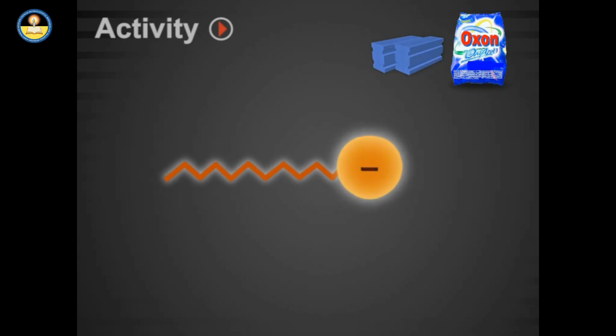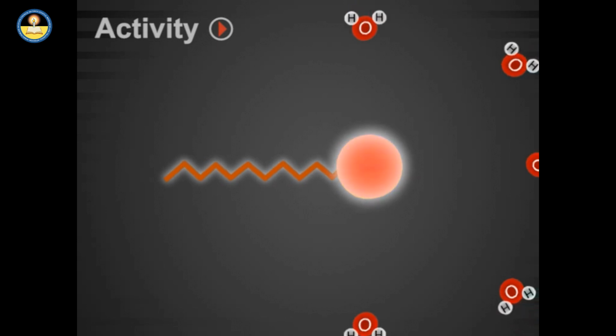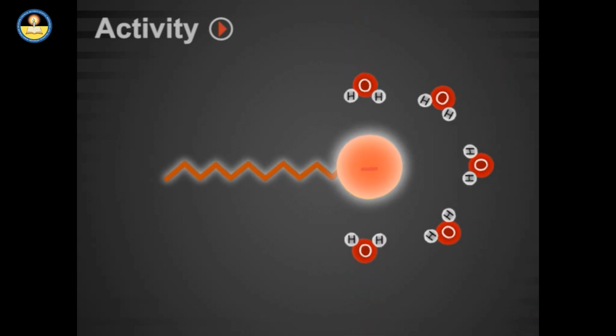One end of the molecule bears a negative charge and is called the polar head. So, it is the polar head that interacts with the water molecule. The other end is non-polar and does not interact with water.